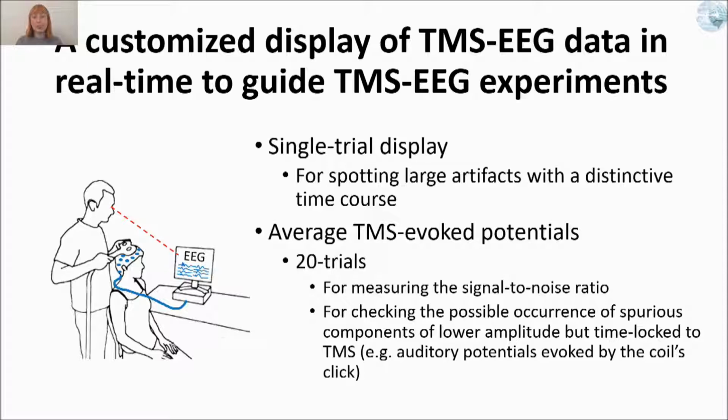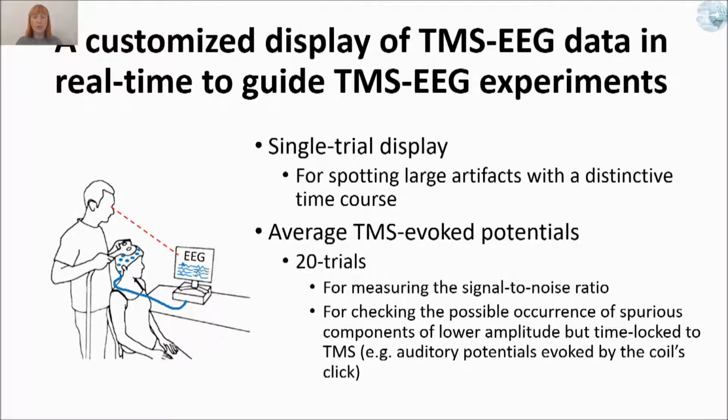Secondly, the software tool allows to visually inspect average TMS evoked potentials. And this is also important because from a provisional average of, say, 20 trials only, the operator can already coarsely but reliably measure the signal-to-noise ratio of EEG responses and can also check for the possible occurrence of spurious components.